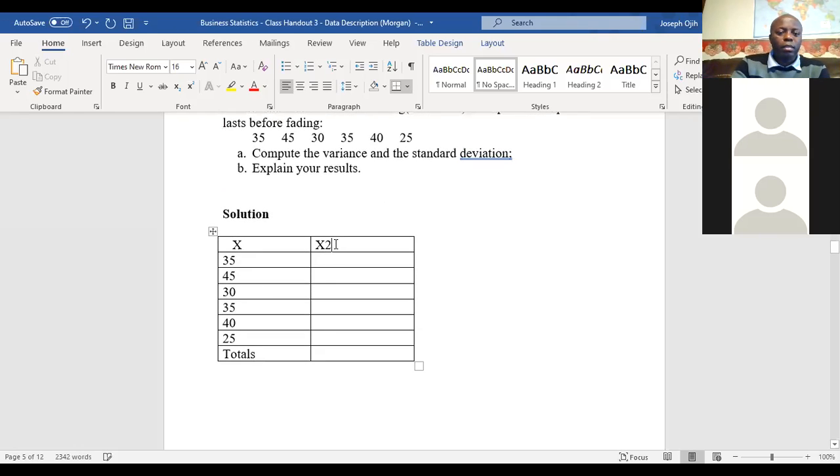X squared. I've got to make it like a square. Now you square each of these numbers here. Let me arrange this very well so we can move from there. You square each of them. Now 35 squared means 35 squared. From our Desmos calculator, we know that, let me pull out Desmos.